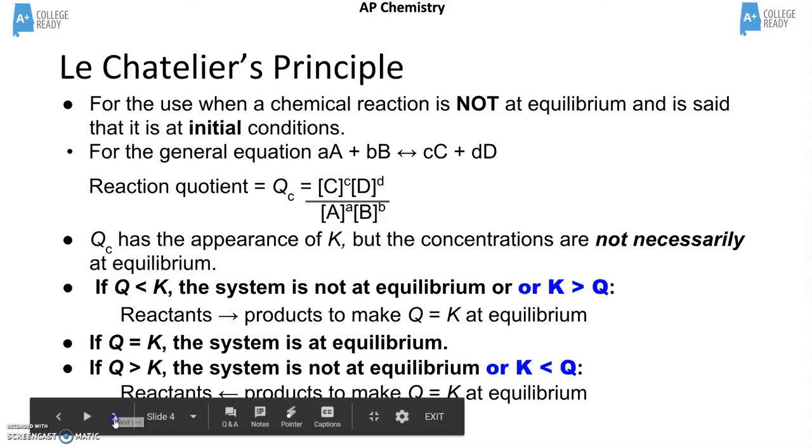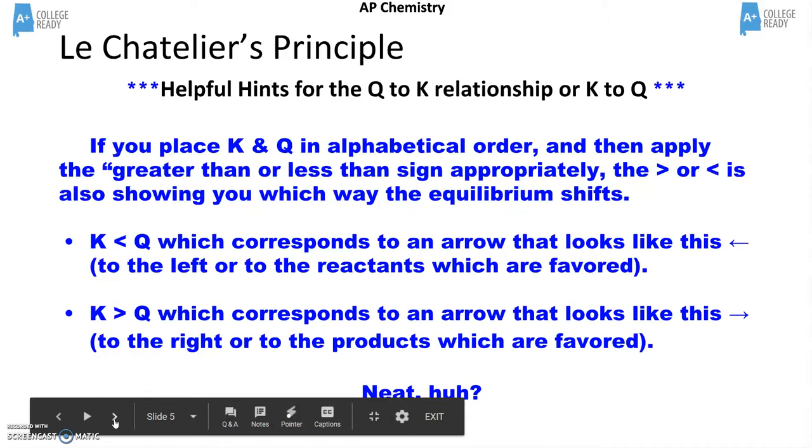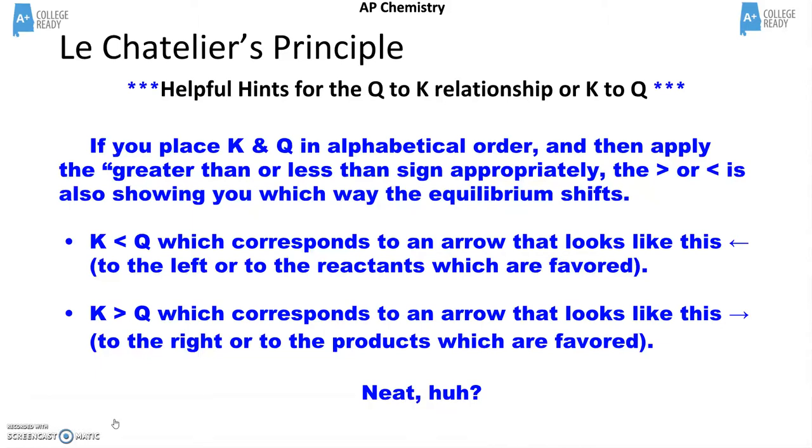So let's talk about the K to Q. Well, this slide right here is dedicated to if you have issues with Q to K, K to Q, what to do, which one to write. Here's a trick. You put them in alphabetical order, K, then Q. The greater than, less than sign actually will point the way for you.